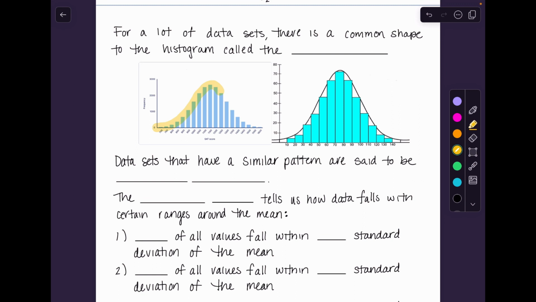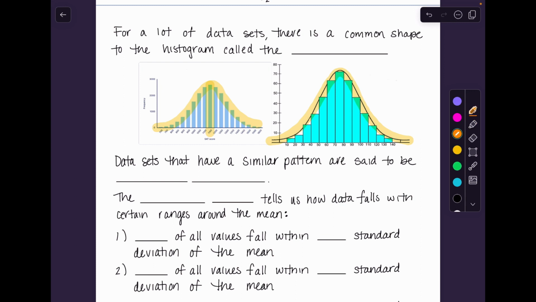It has a very similar shape, and most of your information is lying right around that 1,150 test score on those 2 components. And same thing here. Most of your data is right in that center, and then it kind of tapers off. So these are roughly symmetric to each other.